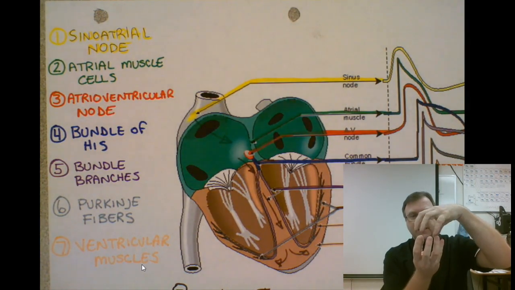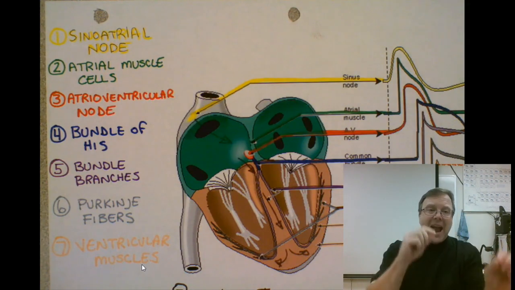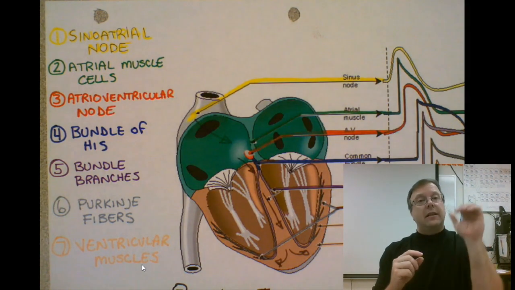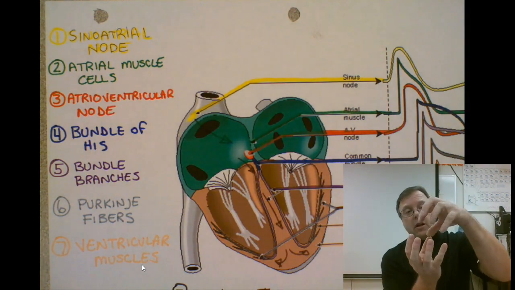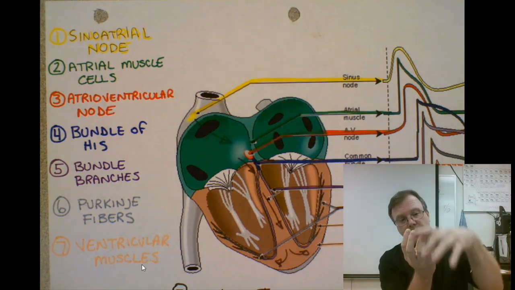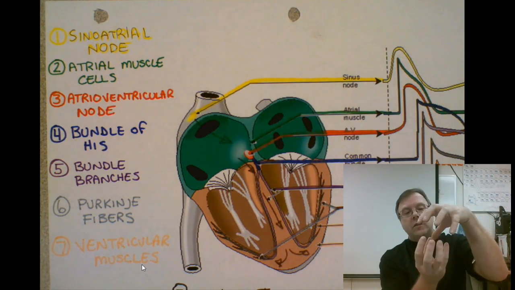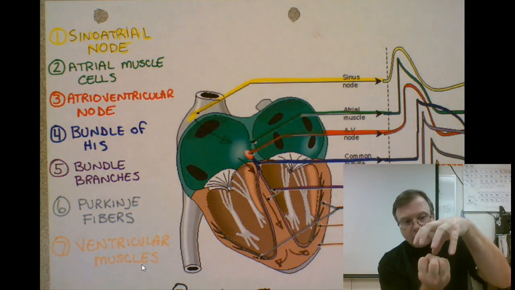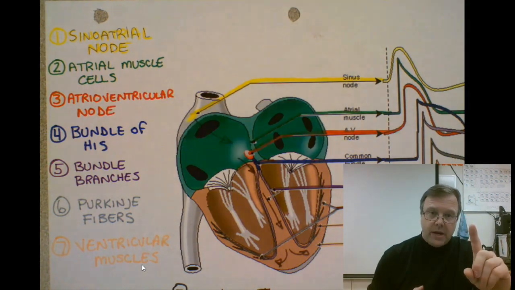Then it relaxes, and then the ventricles receive the signal, so they contract, and then they relax. And there's a delay. The atrioventricular node actually delays the sending of the signal so that the atria can contract and then relax, and then the signal is moved through the ventricles, through the bundle of His, bundle branches, and Purkinje fibers to cause the ventricle to contract, and then the ventricle can relax, and that's one heartbeat.